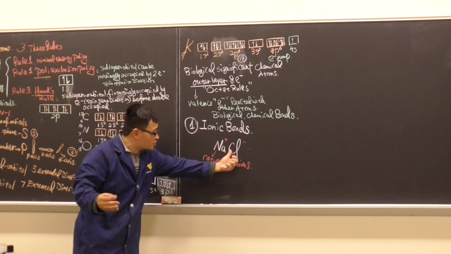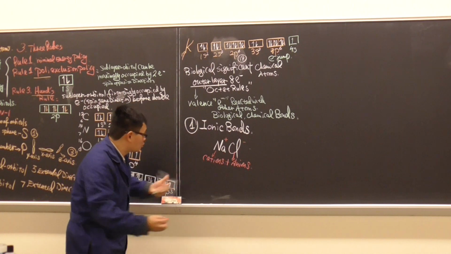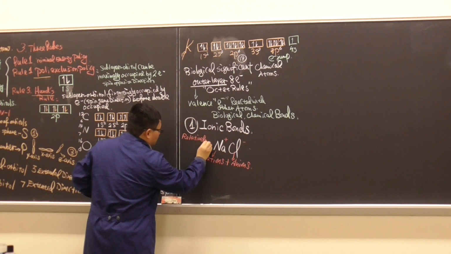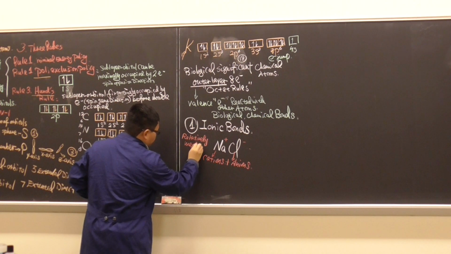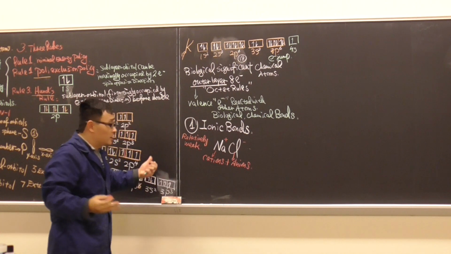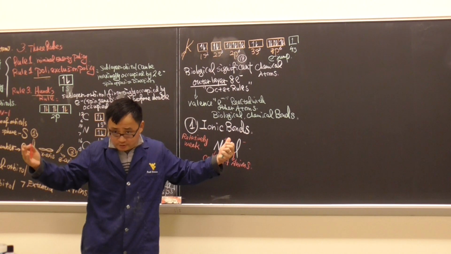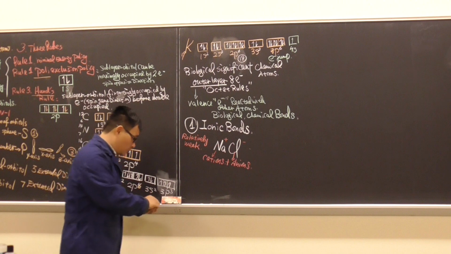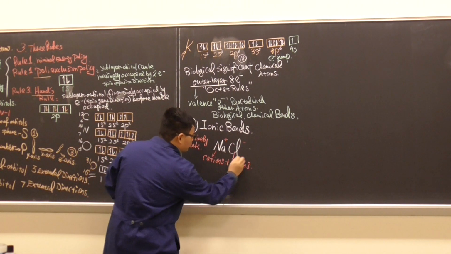Now, is this a strong bond? No, it's relatively weak. Not very strong. But in real life, it's a very tough structure, because it will form a crystal. Is that right?